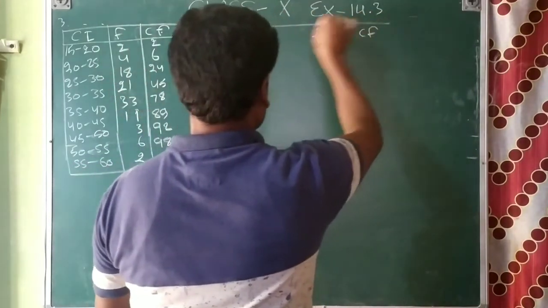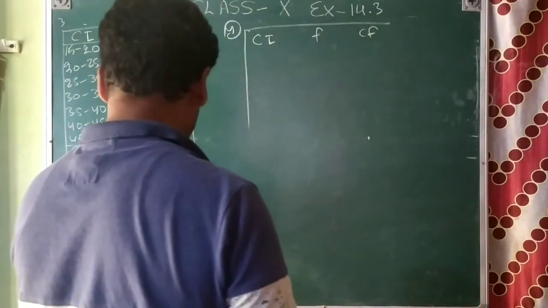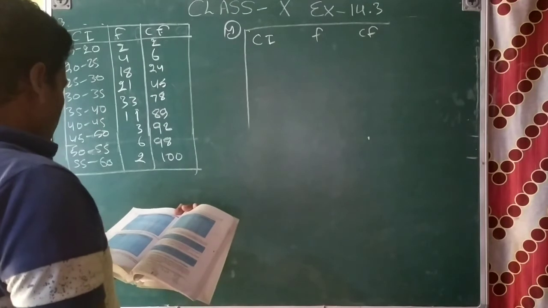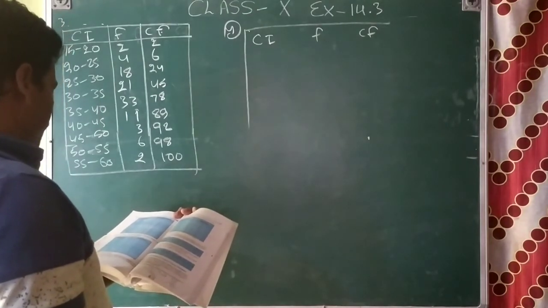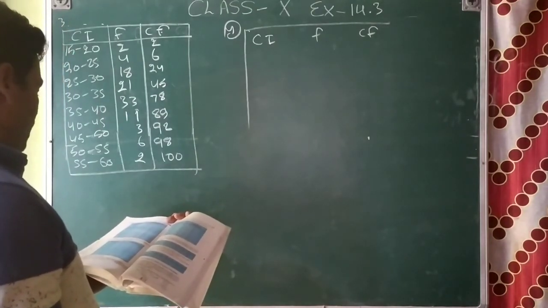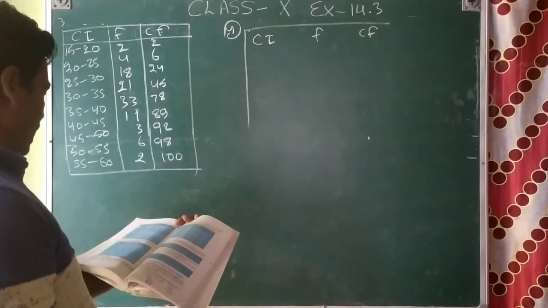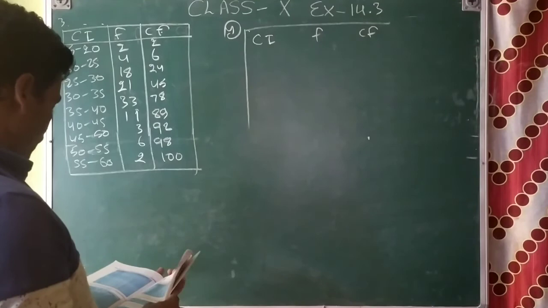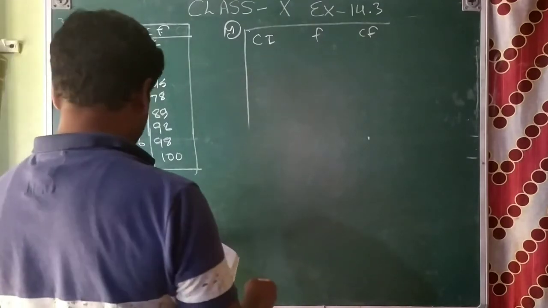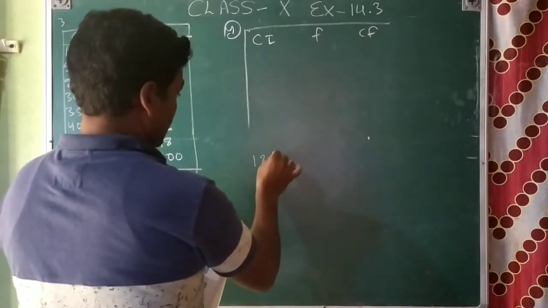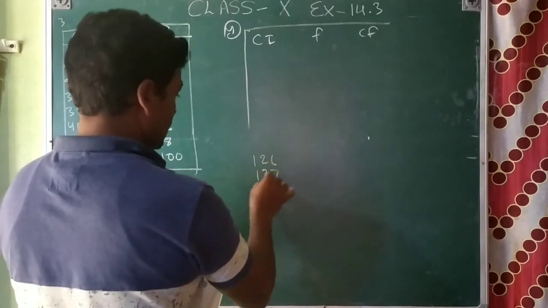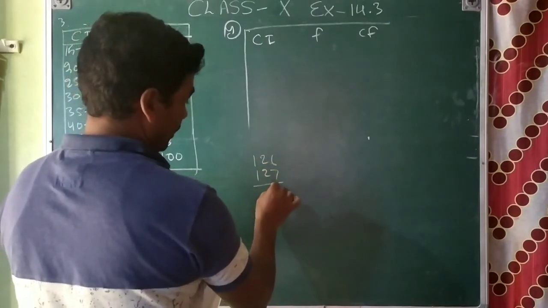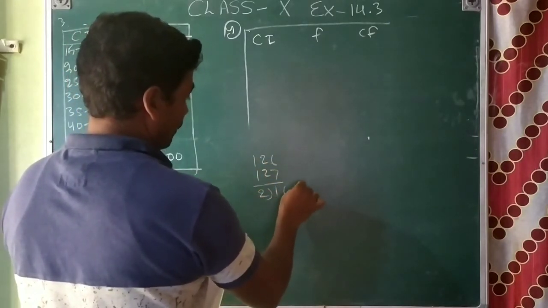So what is the CI? So that 118 to 126, and then after that you are looking at 127 to 135, it's not given in order. So what we will do here, the difference of 126 and 127 is 1, and then when we divide that 1, that will be 0.5.